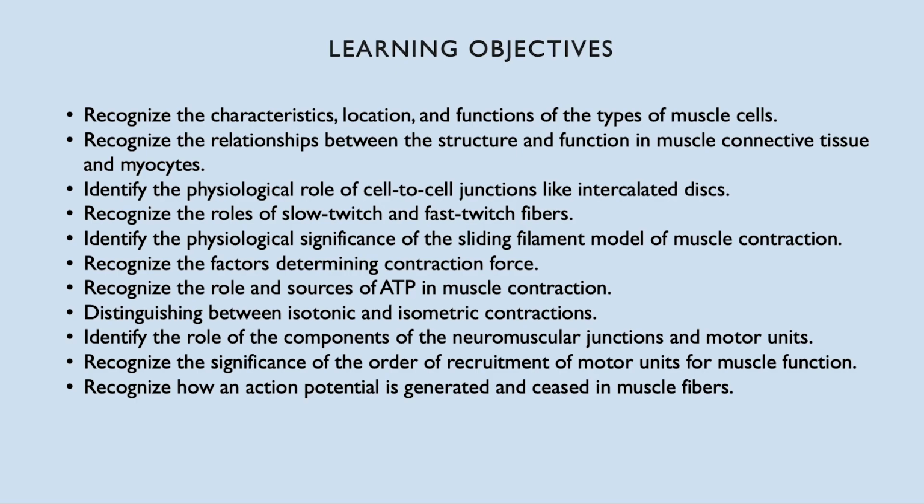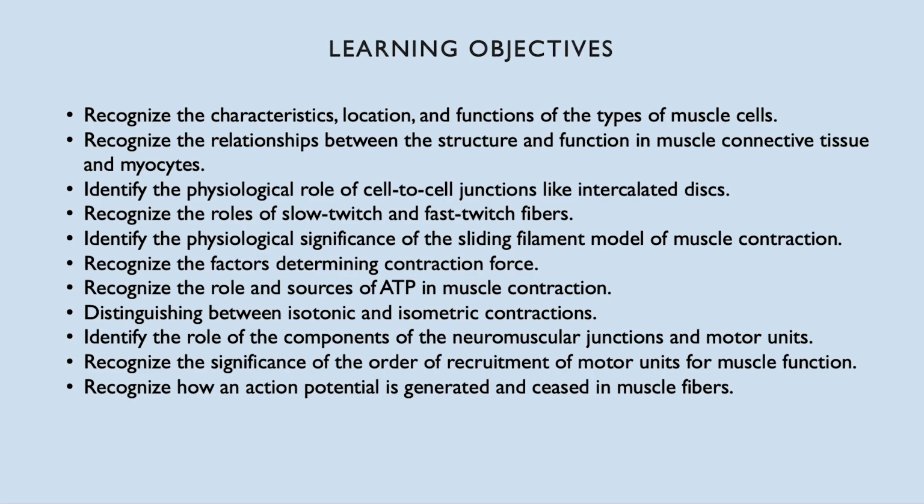We're going to explain what is a twitch, how the muscles generate force, how the muscles maintain a muscle tone, and generate tension. We're going to be referring to the sliding filament model or theory of muscle contraction, which explains a great part of the skeletal muscle physiology and cardiac muscle physiology. Not everything is explained by this theory, but it's a very useful model to understand how muscles contract.